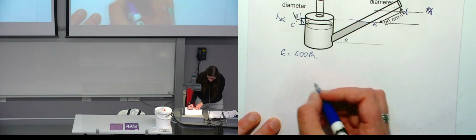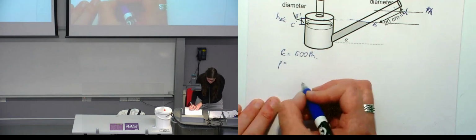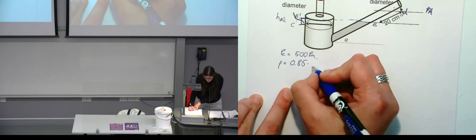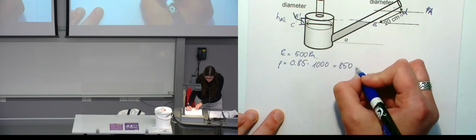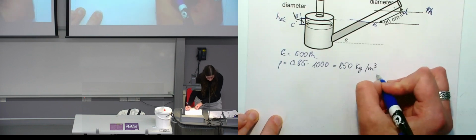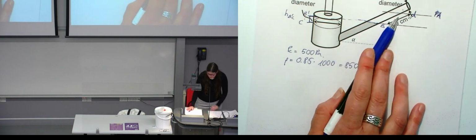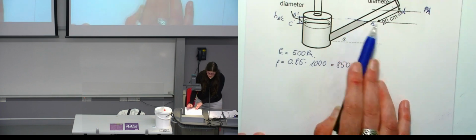Again, we got given the specific gravity of oil, so the density of the oil will be 0.85 multiplied by the density of water, that is 1,000, so it would be 850 kilograms per meter cubed. Okay, so now that the oil has moved, we can check what the pressure is.